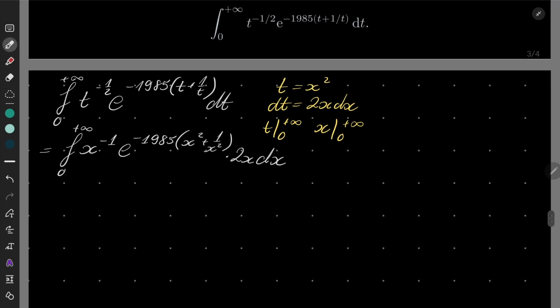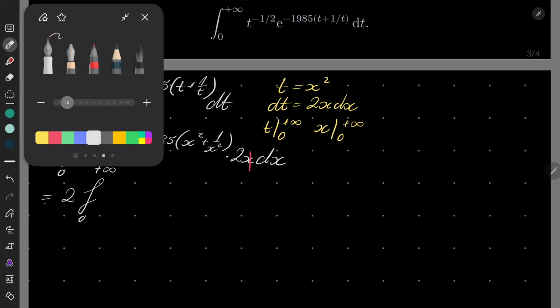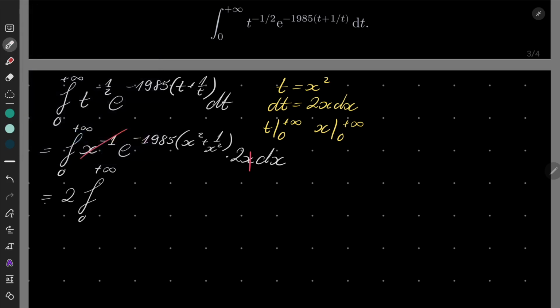After simplification, we can put 2 in front of our integral, and the x to the power minus 1 and this x cancel each other out. And we get 2 times the integral from 0 to plus infinity of e to the power minus 1985 (x squared plus 1 over x squared) dx. Nice.